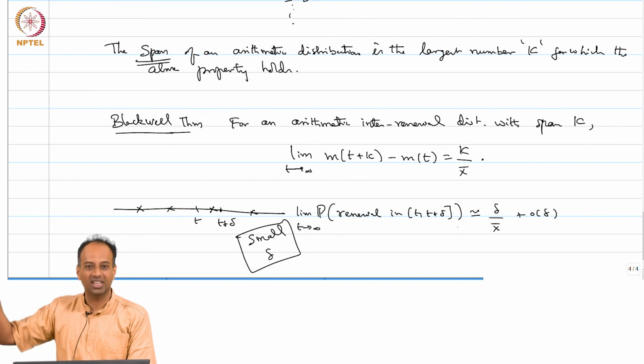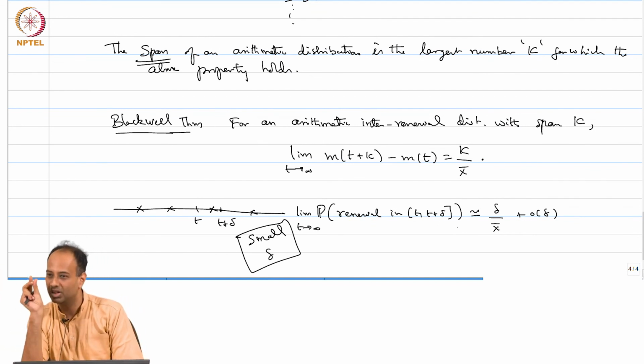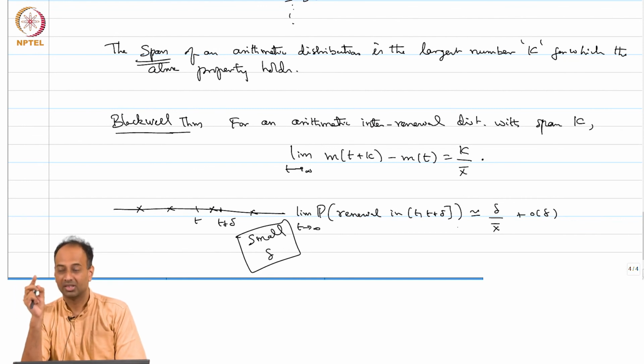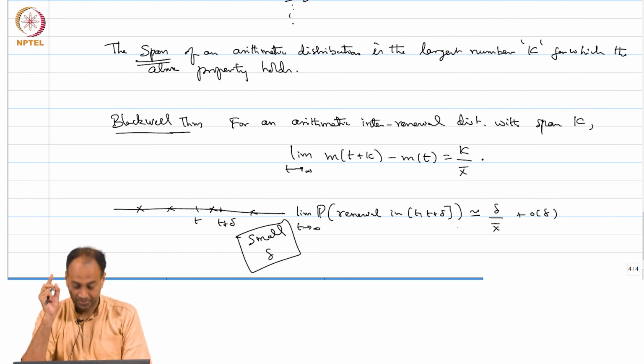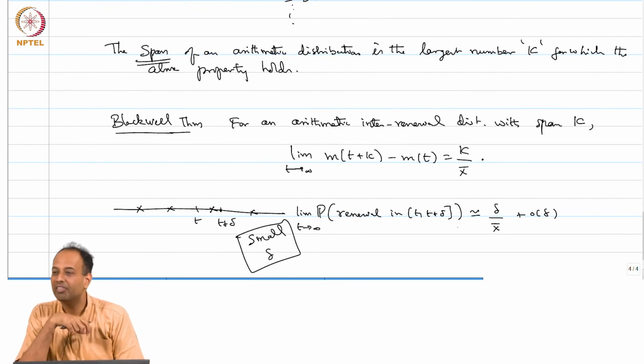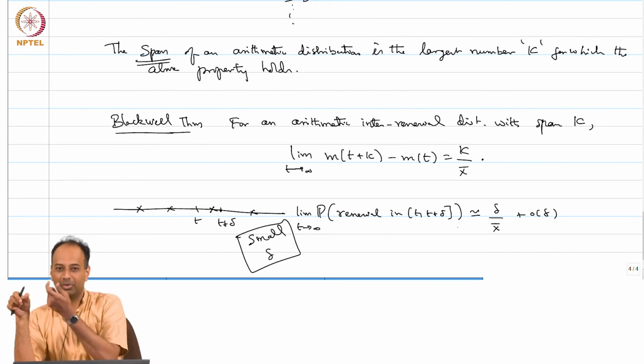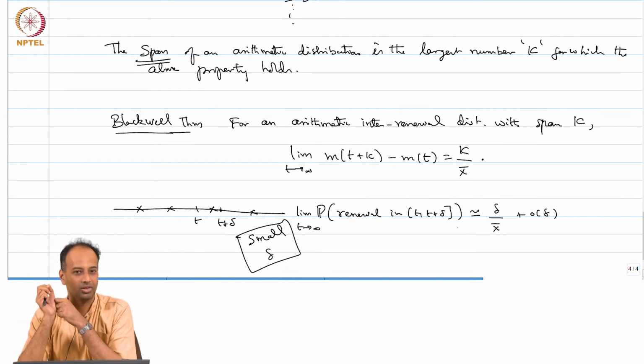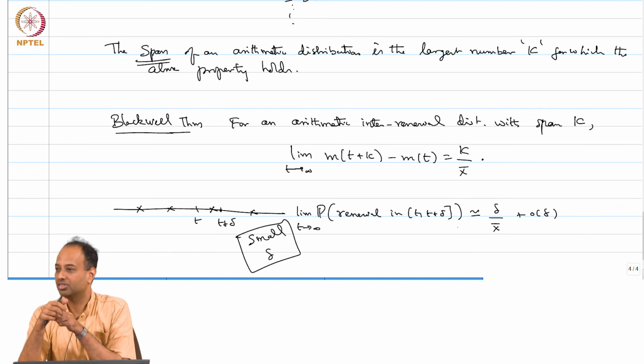If you have large t, the probability of having a renewal in a small interval delta is lambda delta plus little o delta. The second key difference, this is very important, is that you do not have IIP, the independent increment property. The number of renewals in t, t plus delta and an adjacent interval of another width delta are not independent, they are dependent for a renewal process in general.